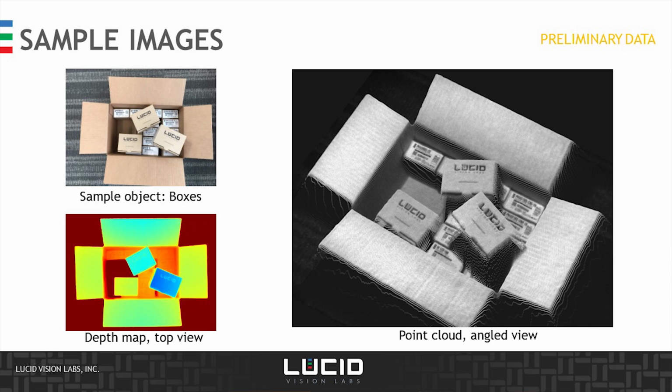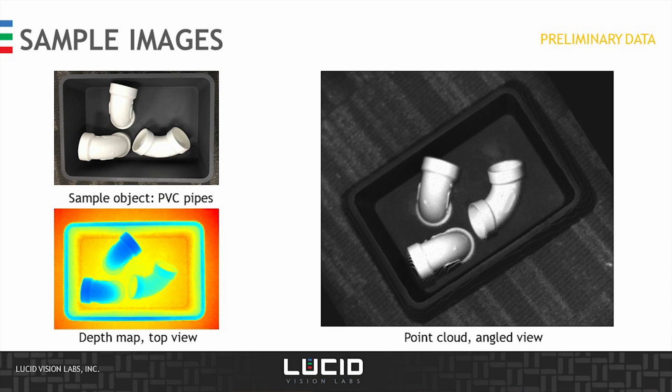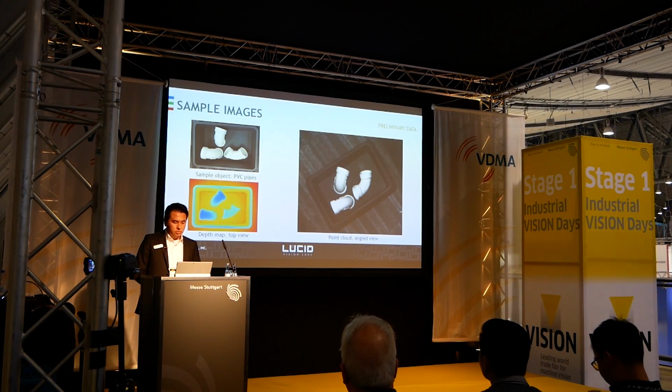And then these are some PVC pipes that we took an image of, where you can see that the image isn't distorted, and from the point cloud you can actually see there's a little defect on the pipe that is only a 2-3 millimeter wide defect, and it can be seen in the point cloud image.